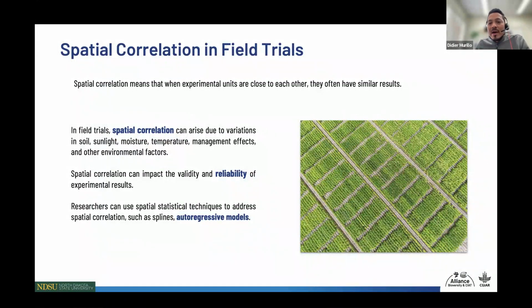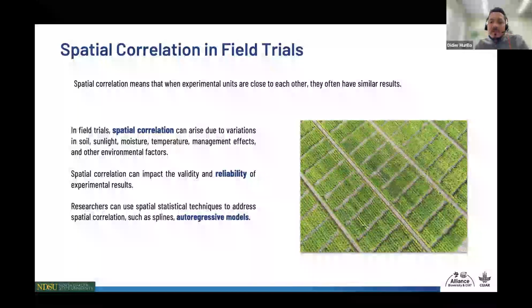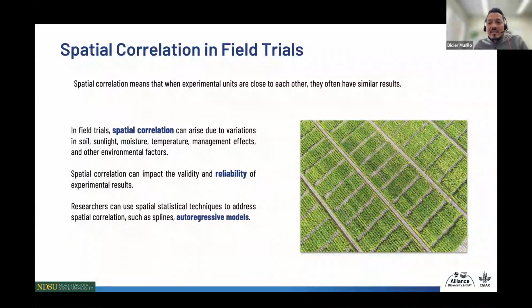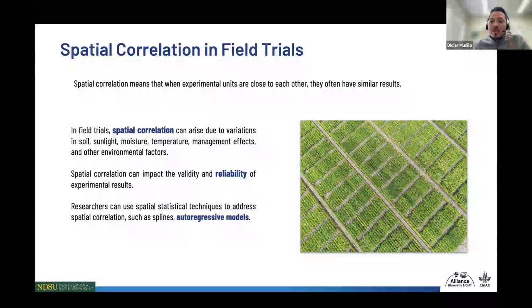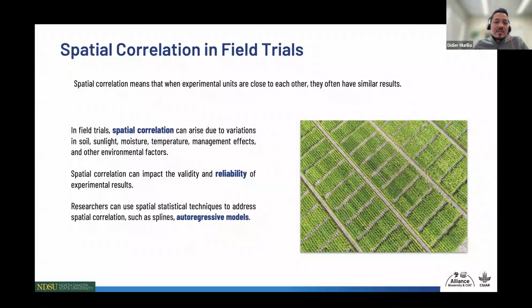The good part is that by accounting for the spatial correlation, researchers can improve the precision and accuracy of the estimates and draw more accurate and reliable conclusions about the effects of the treatments on the response variable.